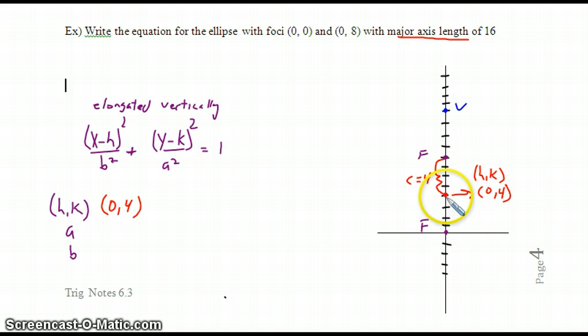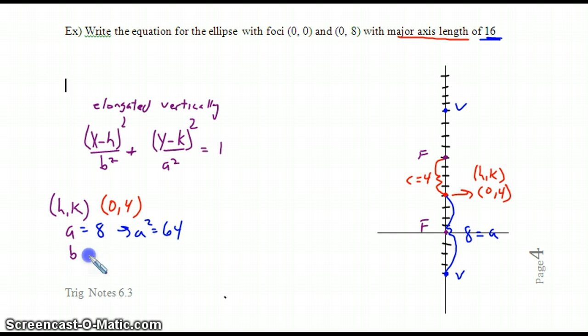And if from the center I go down 8, that has to be my other vertex. So this total length would be 8 plus 8, which gives me that length of 16. So now I know my vertices, which helps because I can find that my a value is 8. So if a is equal to 8, then a squared is equal to 64.